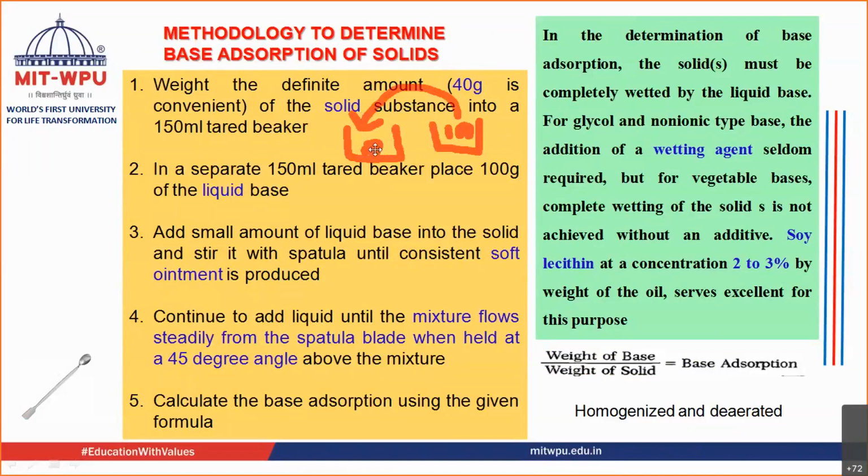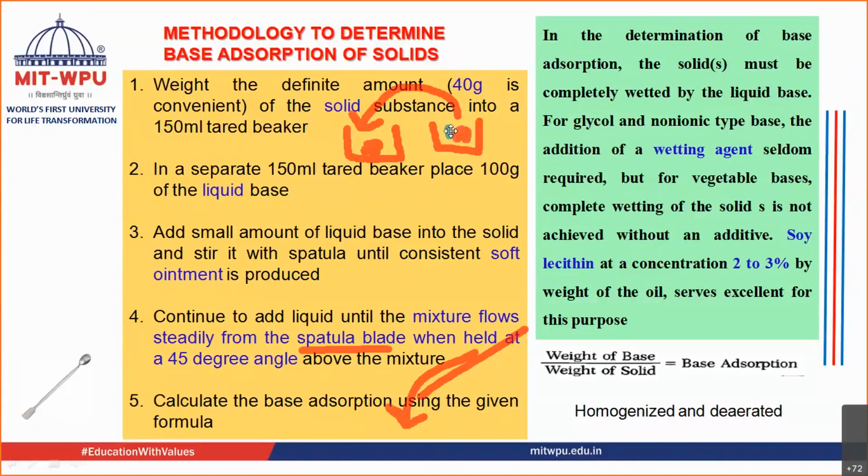When you add this liquid into the solid, initially you get a soft ointment. You go on adding till you get a mixture which flows from the spatula blade when held at an angle of 45 degrees. So it flows. Once you get that kind of material, you stop the addition.